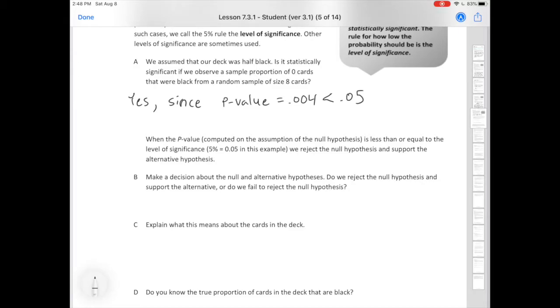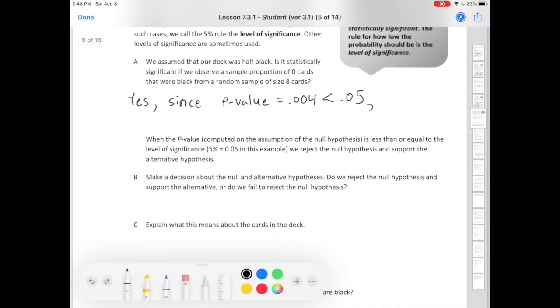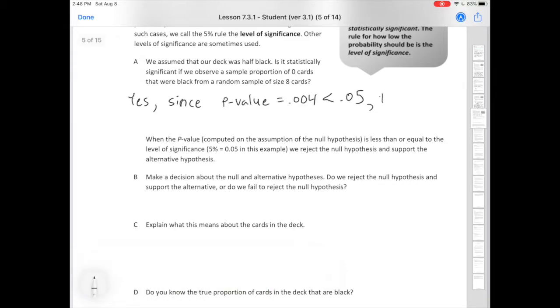So since our p-value was less than 5%, the sample was statistically significant.